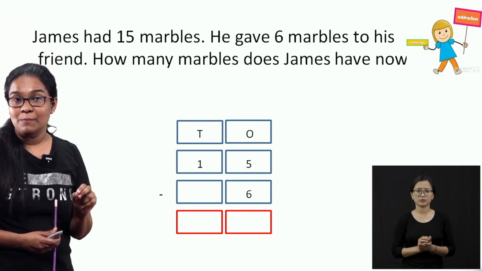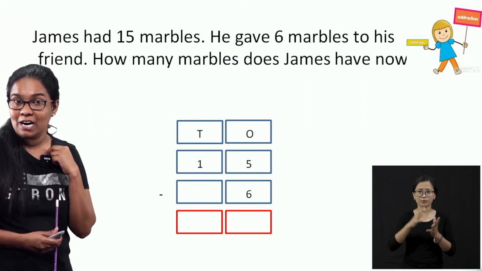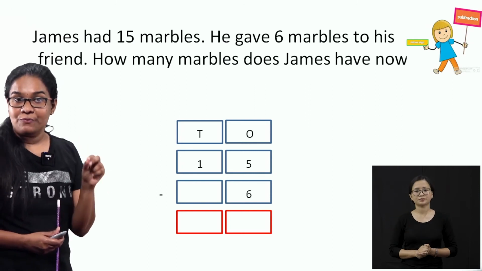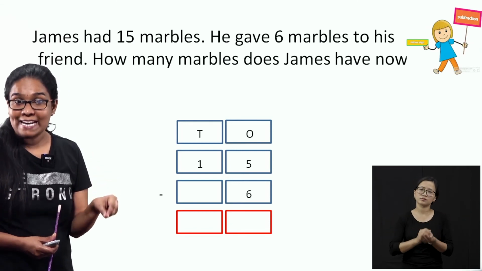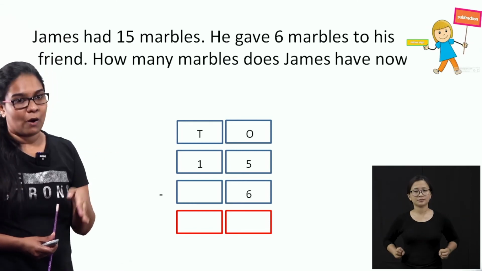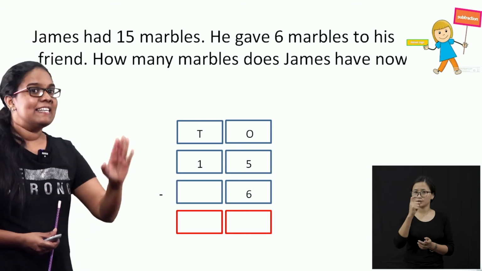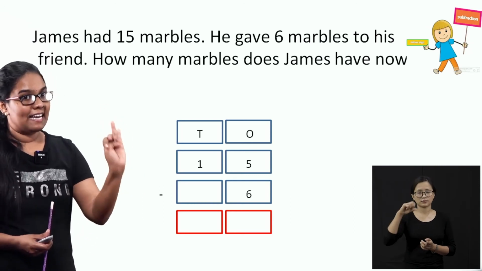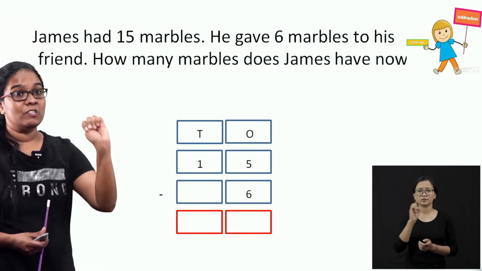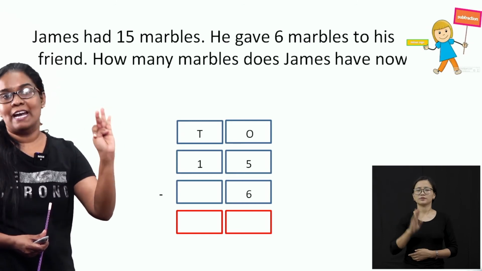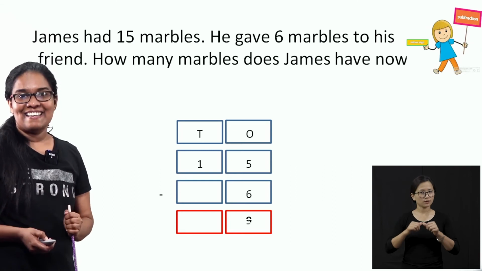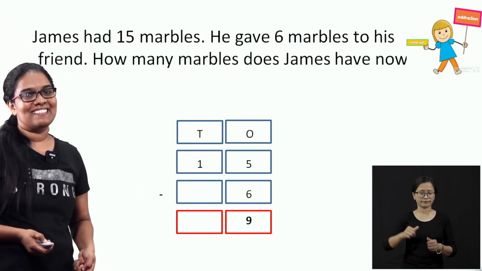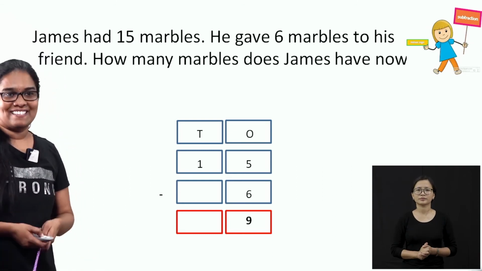First you keep the bigger number in your mind. Here 15 is the bigger number, so you keep 15 in your mind. Then start counting from 7. 7, 8, 9, 10, 11, 12, 13, 14, 15. Then what's the answer? Yes, 9 is the answer. Yes, we got the answer.